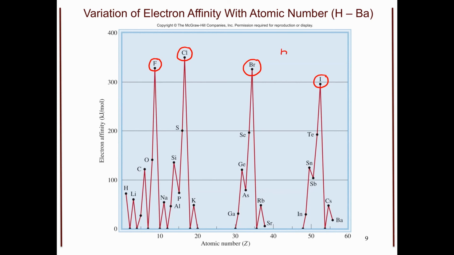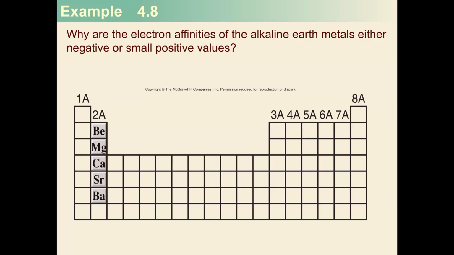These are all of your halogens. The halogens are actually the group with the highest electron affinity in the entire periodic table because they are one electron short. That one electron can give them noble gas stability, and that is why they release so much energy upon the creation of the anion. So let's try this example to finish up this lecture.